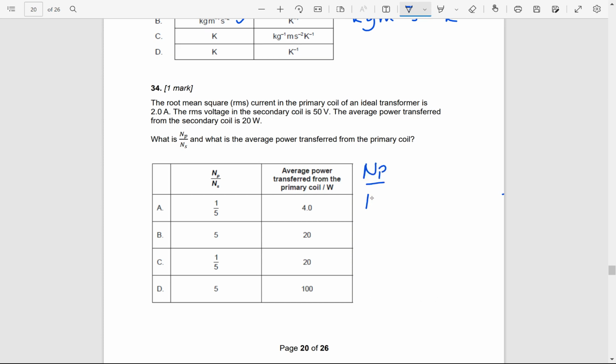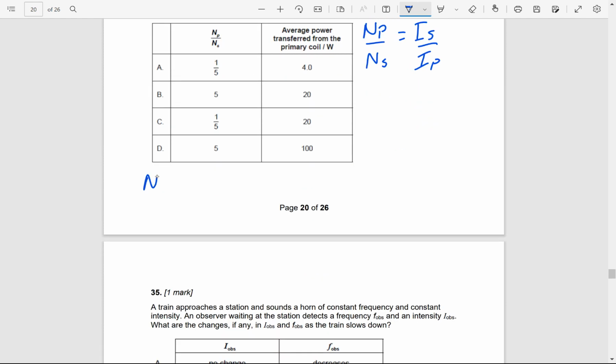we need to know NP over NS. Now, NP over NS is equal to IS over IP. I think that's in your formula booklet. But you have NP over NS equals VP over VS equals IS over IP.